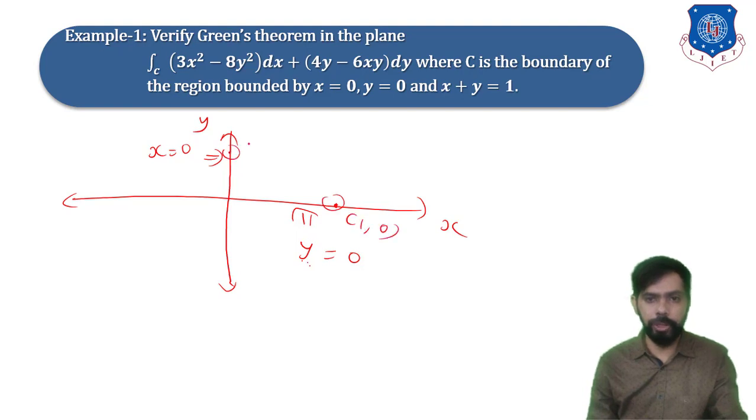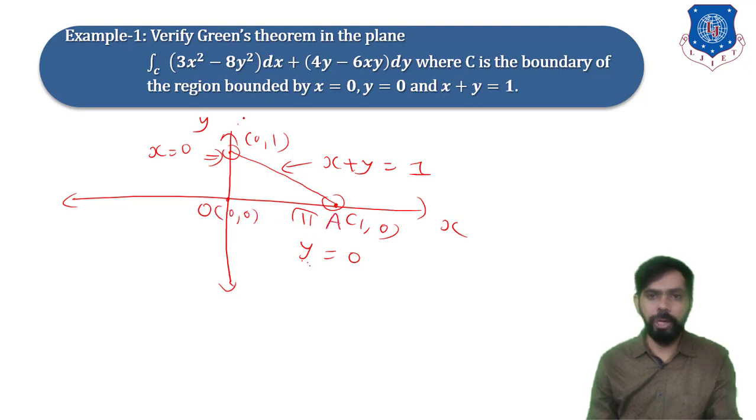Now if we join these 2 points, then this will be the graph of the line x plus y is equal to 1. Okay, so here consider the O point whose coordinates are 0 comma 0. This is the A point and this is the B point. So the bounded region will be this, which is a triangular region.